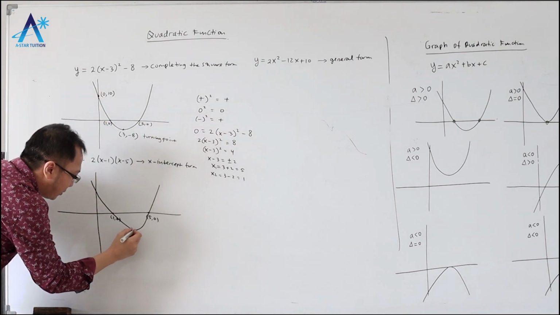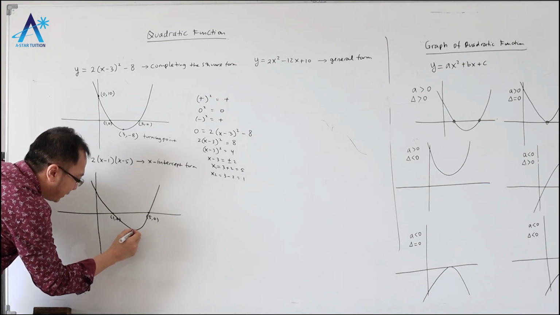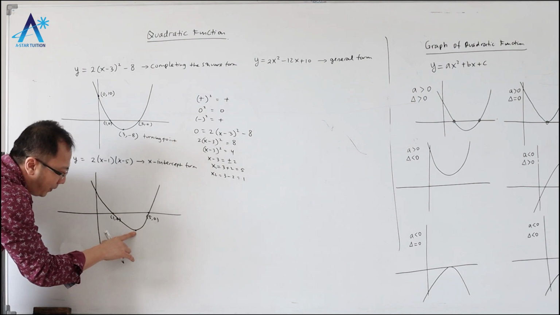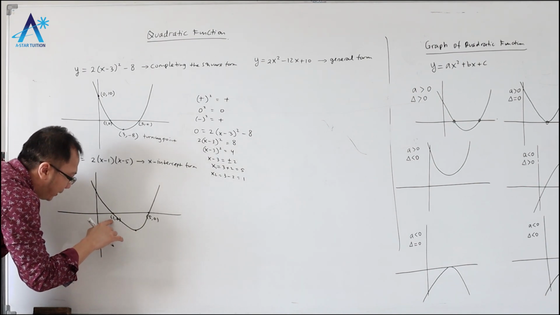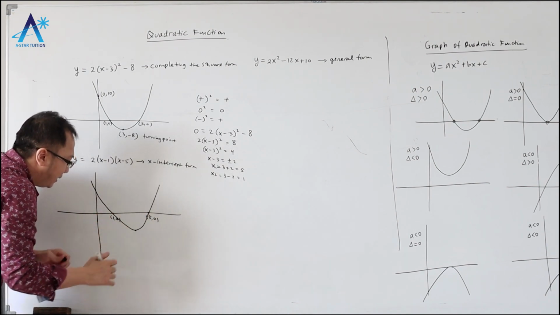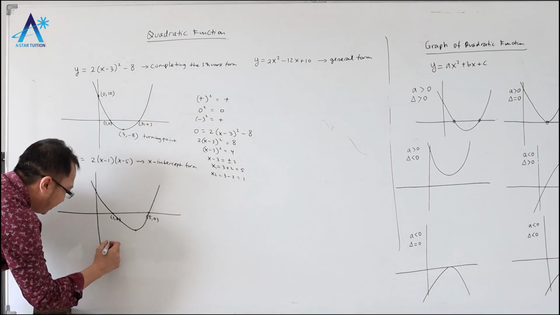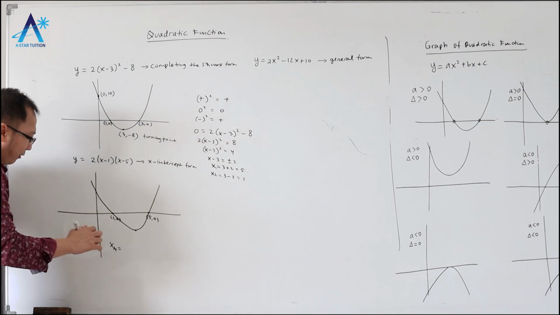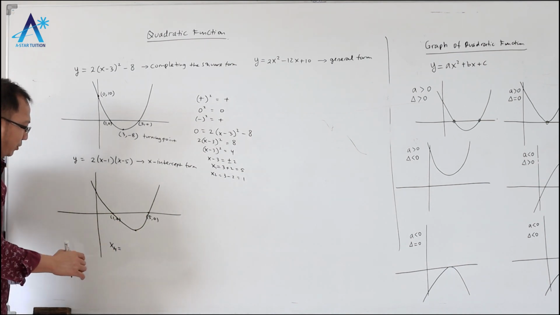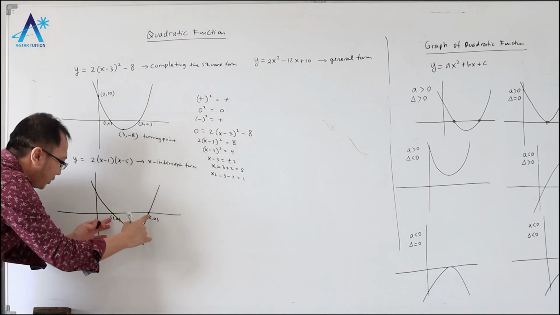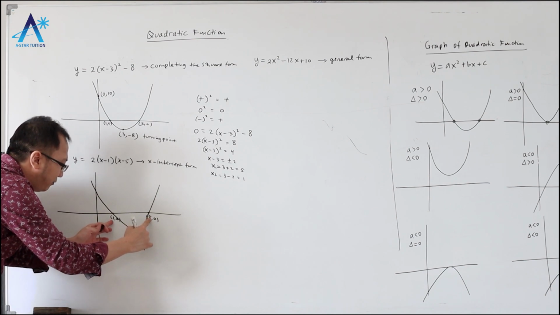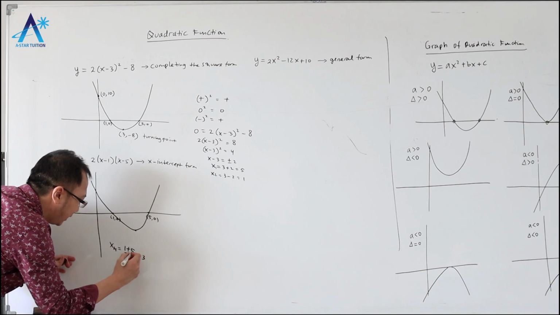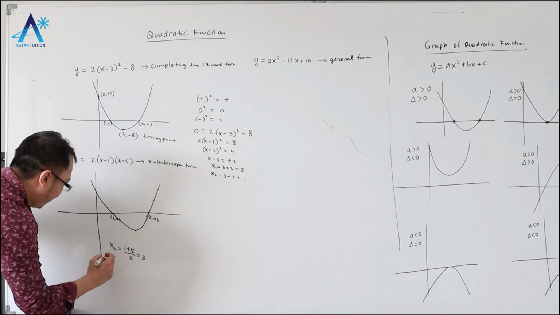Now we will just use the concept of the midpoint. This turning point, or the minimum point, is actually the midpoint of these two x-intercepts. So we can find the midpoint by taking the average of the two x-intercepts. We add these two and divide by 2: 1 plus 5 divided by 2 gives you 3.